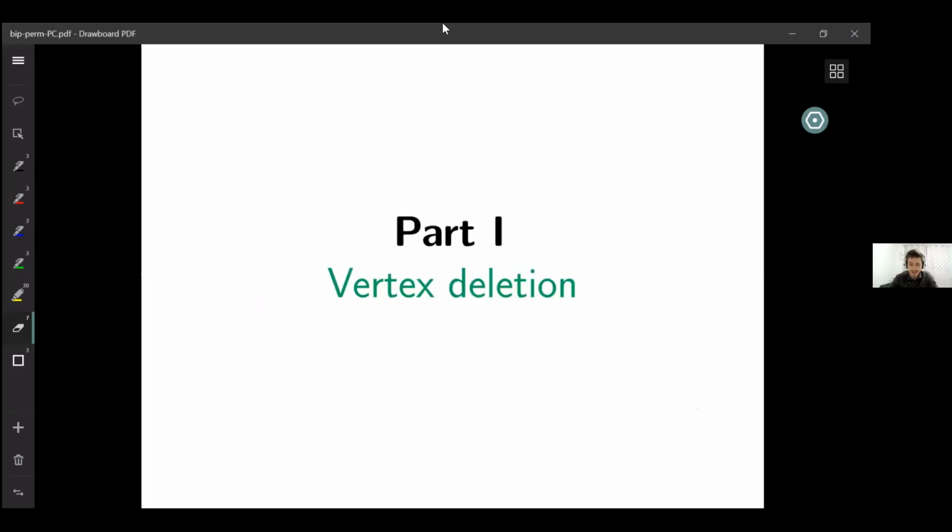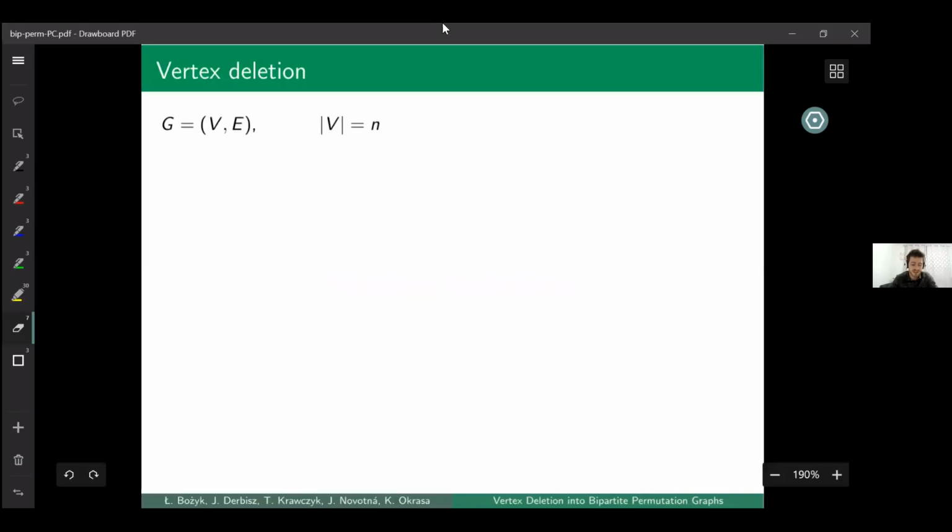So first, vertex deletion is a classical problem that most of you are probably familiar with. But let me recall that we are given a graph, say it's an n-vertex graph, and we are given a graph class that we are interested in. It could, for example, be a graph class that admits better solutions to some classical problems than the general case.